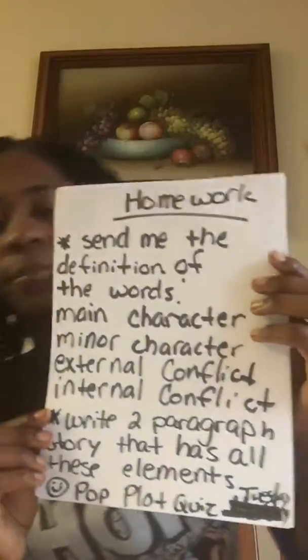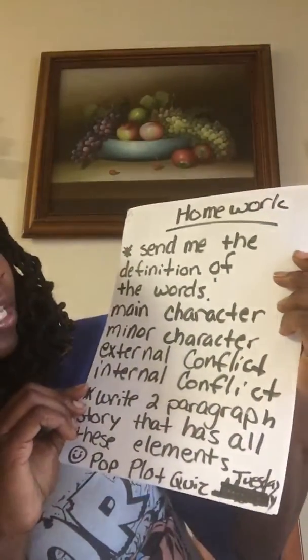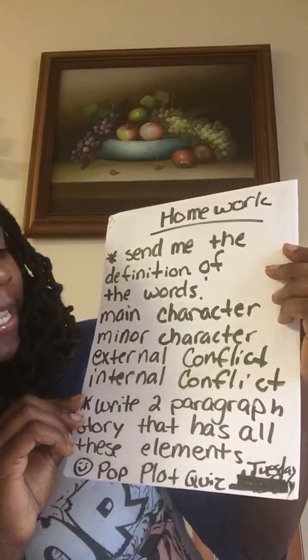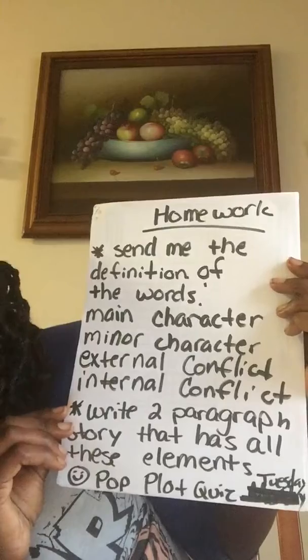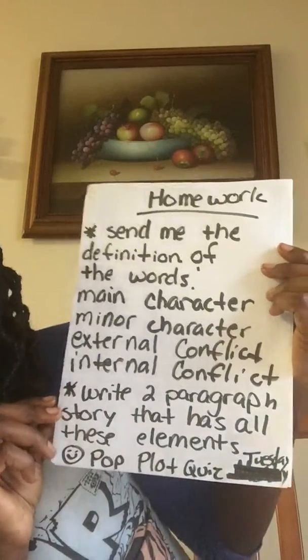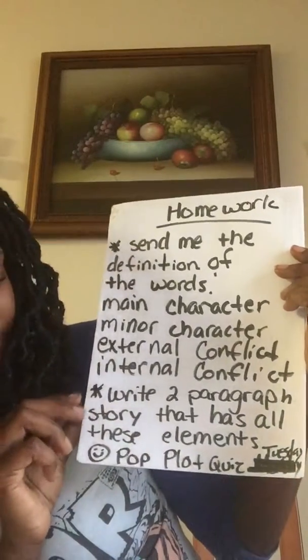I've written it down for you. Here's your homework: send me the definitions of main character, minor character, external conflict, and internal conflict, and write a 2-paragraph story that has all these elements.